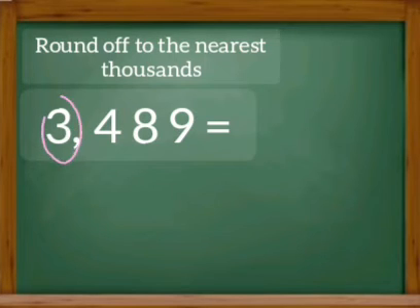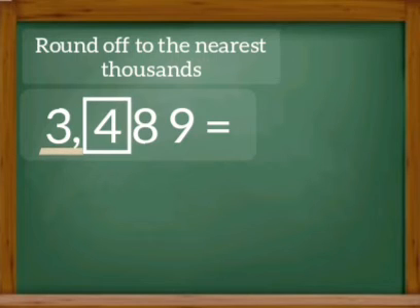Yes, it is 3. So let us underline the 3. Now we draw a box around the digit to the right. So which digit is to the right? Yes, it is 4.